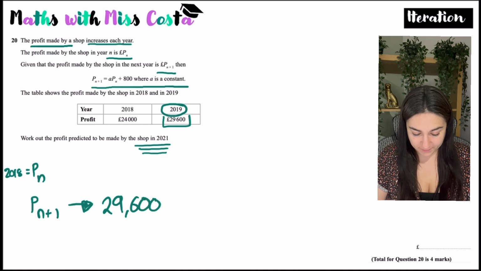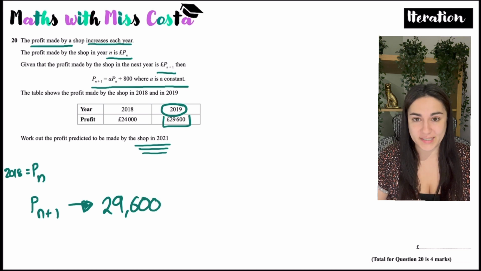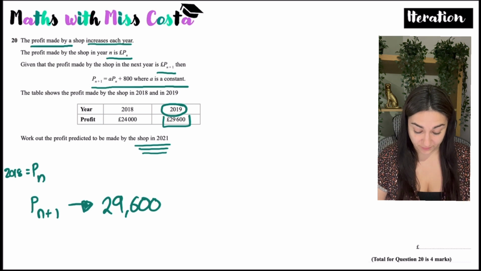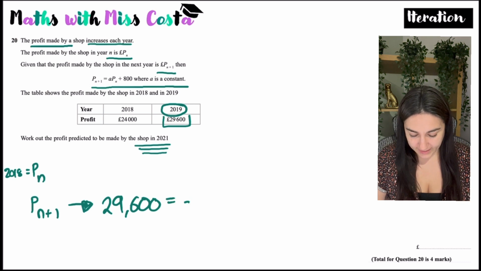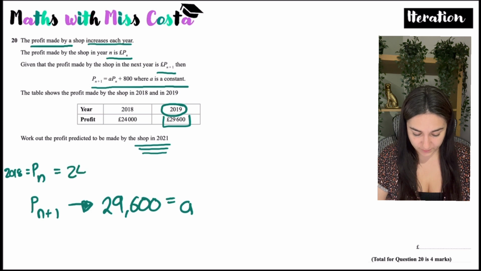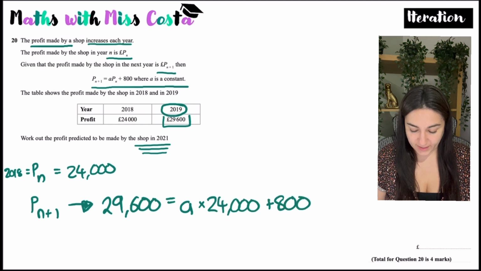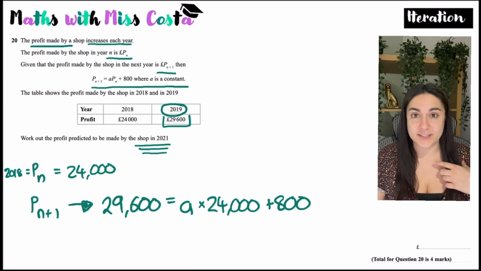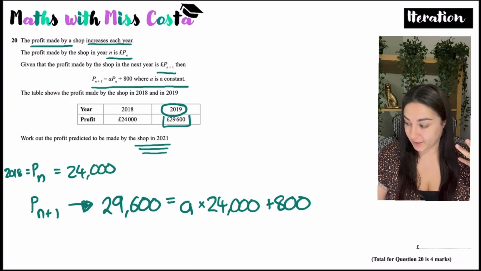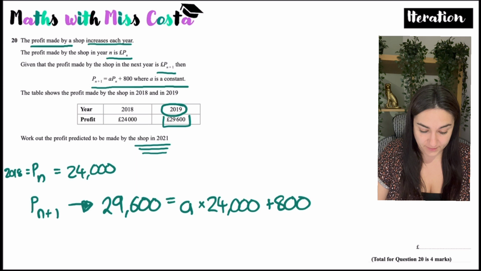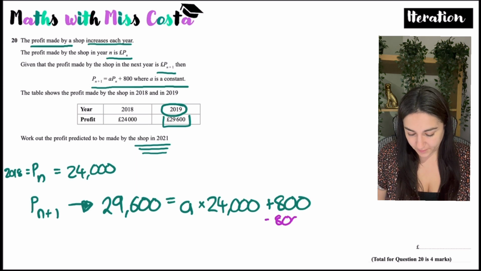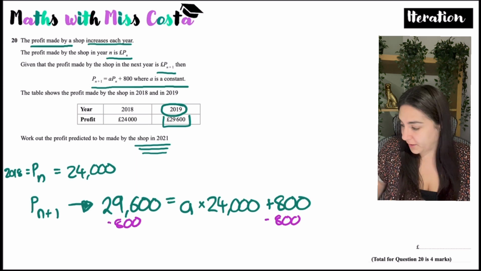So Pn plus 1 is going to be whatever 2019's profit is, must equal A Pn. So Pn is the 2018 profit, which is 24,000. So I put A times 24,000 plus 800. Okay, and then all I need to do is just rearrange that to make A the subject and figure what it is. So first step, I'll subtract 800 from both sides.